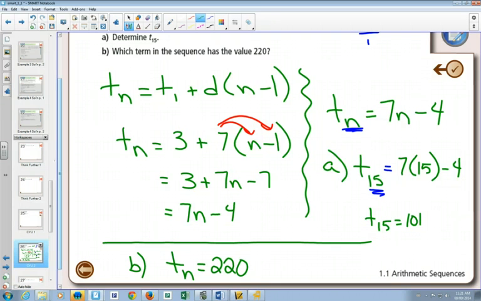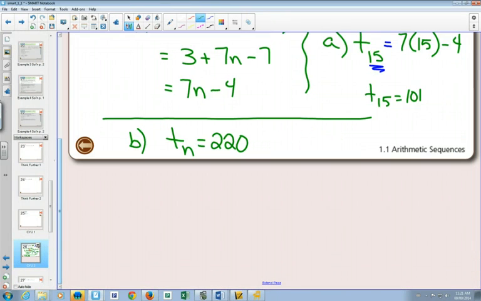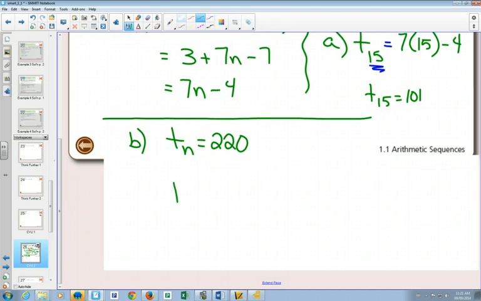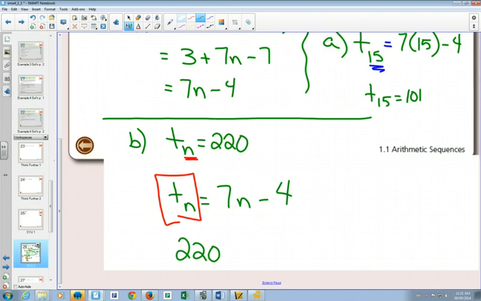When I go back to our formula, we know that Tn is 7n minus 4. Even though we don't know what n is, we do know what the term would be, so we can put 220 where the Tn was.